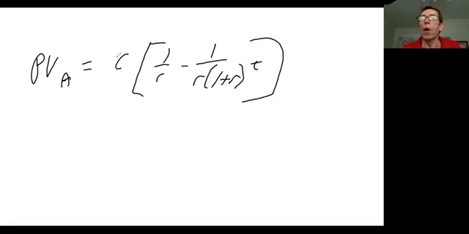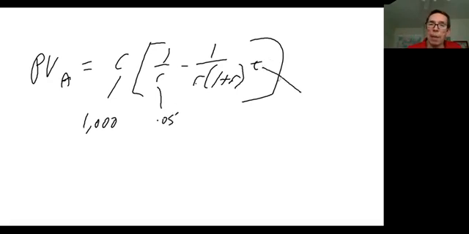In our example of the vacations for 5 years, the cash flows were $1,000. R is the discount rate. Now it appears 3 different times, but it's going to be the same number each time. In our case, it was 5%, which was 0.05. And T is how many times we are getting this cash flow of $1,000. We get it 5 times.